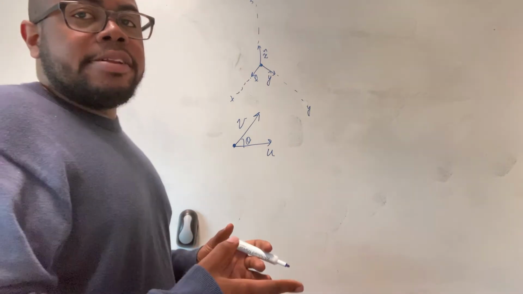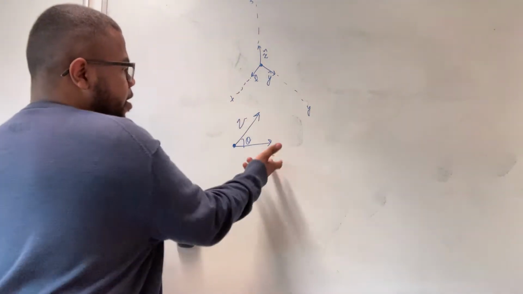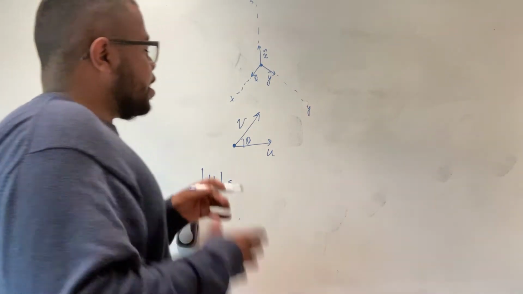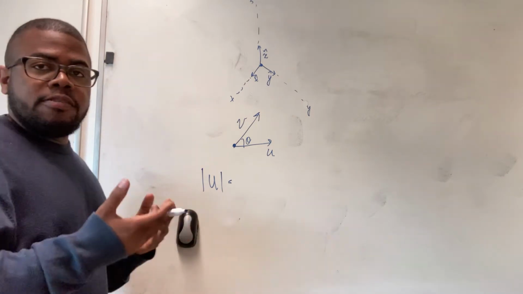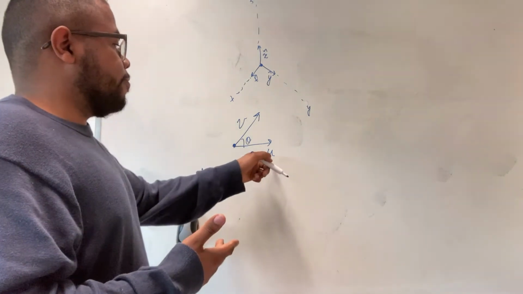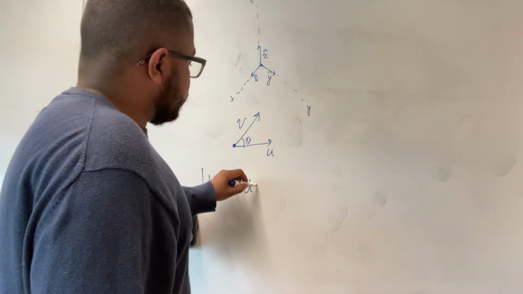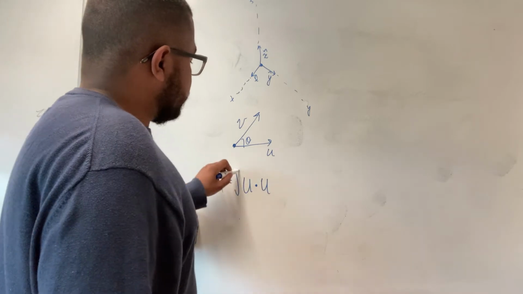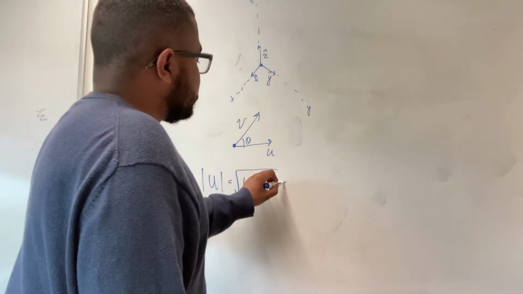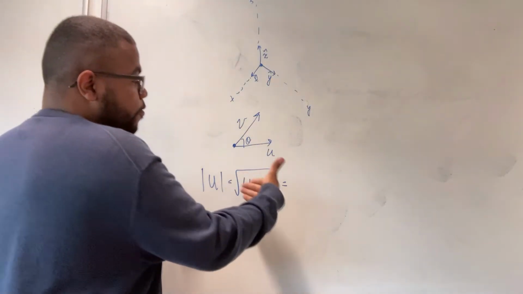Now, very interestingly, if we wanted to find the size of one of these vectors, say vector u, if we wanted to find its magnitude, then the magnitude would just be the square root of the dot product of u with itself. So it would just be the square root of u dot u. Now we can say that this is u squared, but to make this a little bit clearer, say that we write this u dot u fully out.